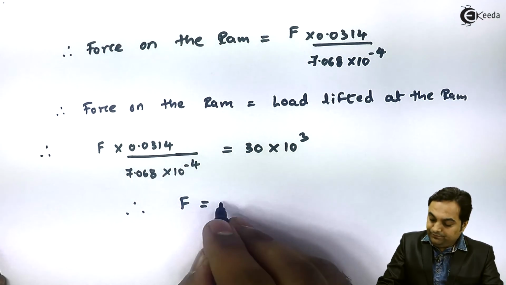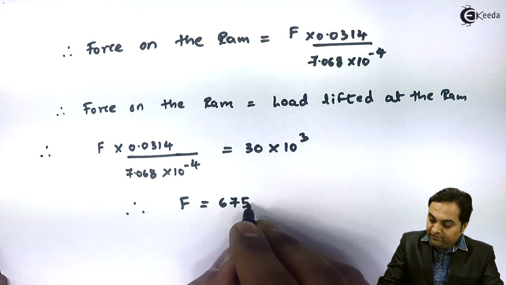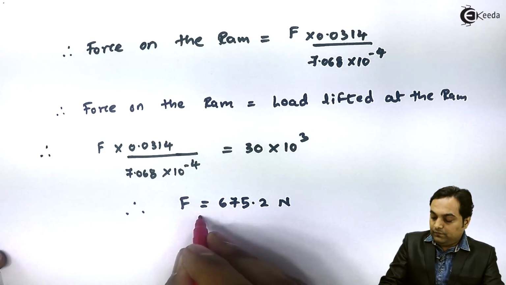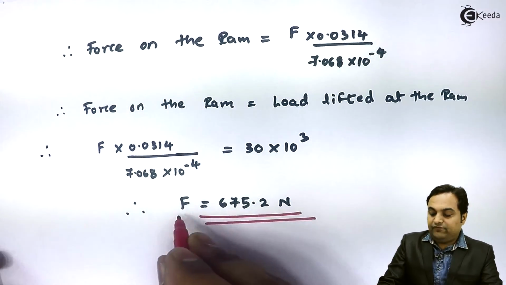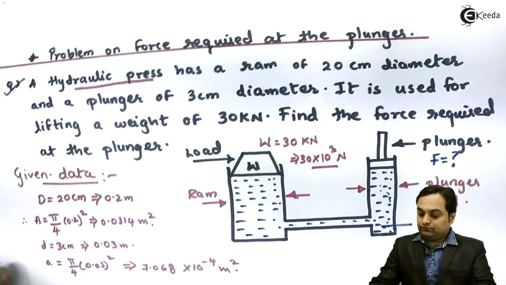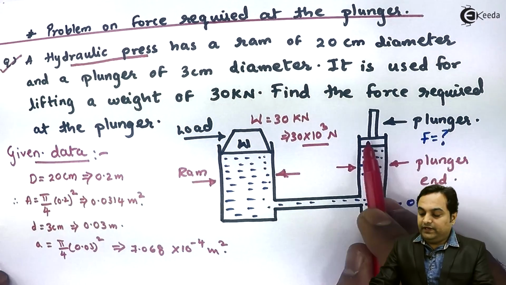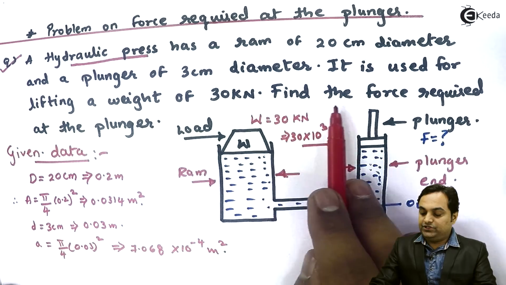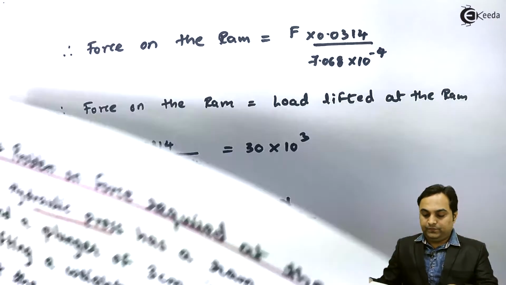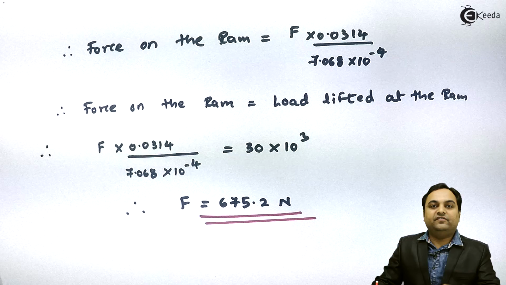It comes out to be 675.2 Newton. F I have denoted as the force required at the plunger, and the question was find the force required at the plunger. That force we have found out, the value is 675.2 Newton.